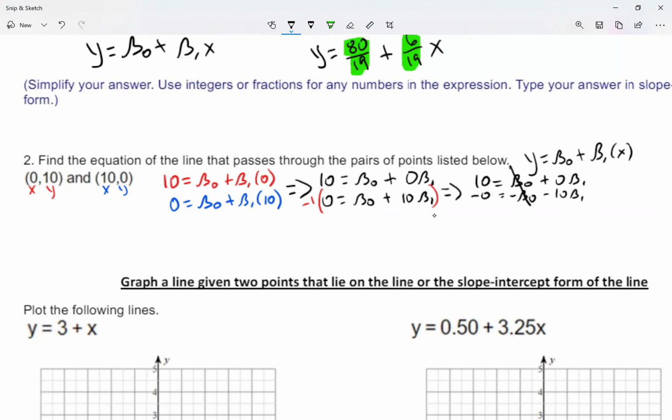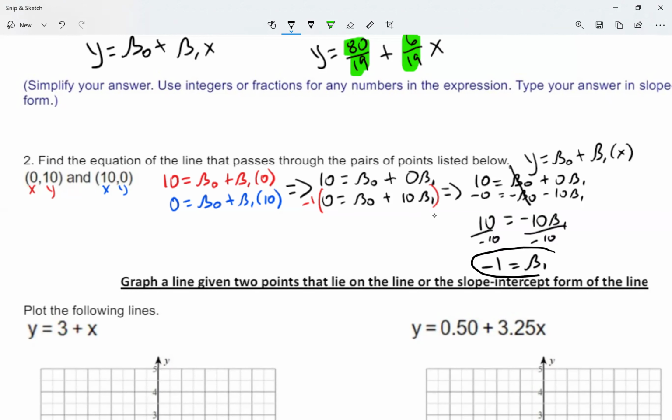Because I know these cancel out, I have 10 is equal to -10 beta 1. Let me divide both sides by -10. So I have -1 is equal to beta 1. Let me circle it because I'm going to use that later.